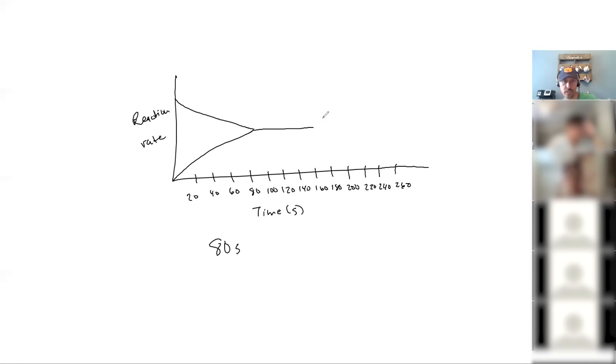If we stressed the system at this point, because we added more of one of the reactants or something like that, and I gave you a graph like this and asked at which point the reaction was stressed, what time would you give me?